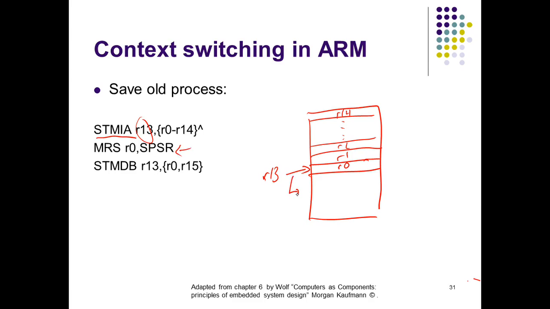Then you decrement R13 by 2, store R15 here, and store R0 here, which is actually the SPSR, and R15. In other words, a context switch involves: this is my current state, I store this to RAM, or memory somehow, and extra variables to memory here.